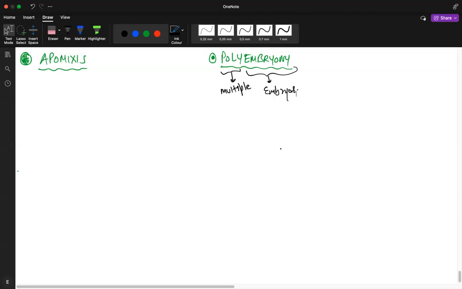Now, what is apomixis? I told you that seeds are the final product of sexual reproduction. That is the normal standard method. But some plants have evolved a very beautiful evolutionary mechanism to produce seeds without reproduction, without fertilization.